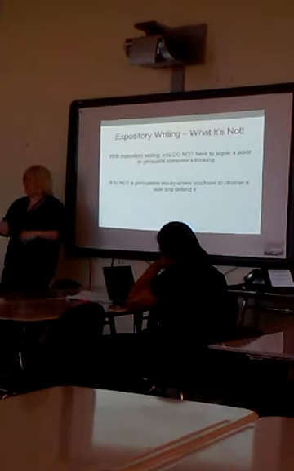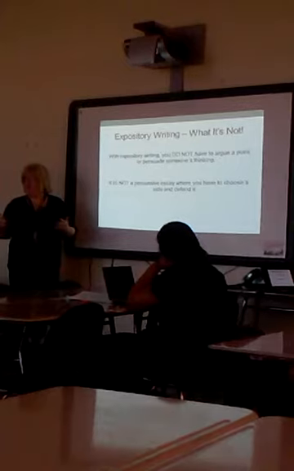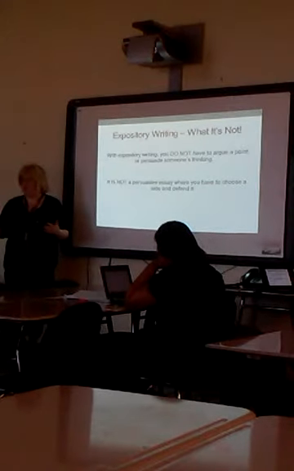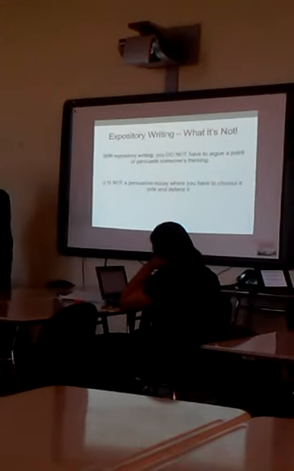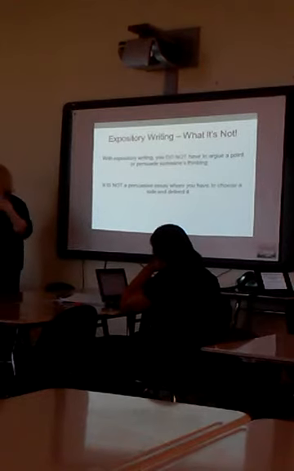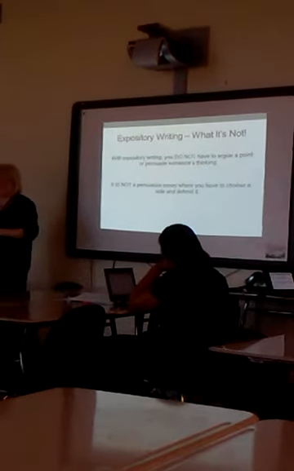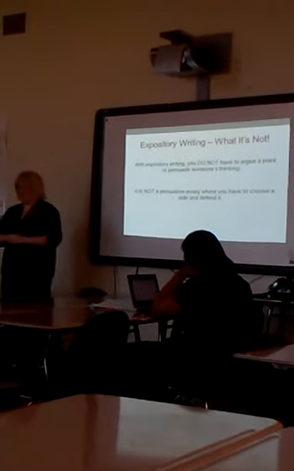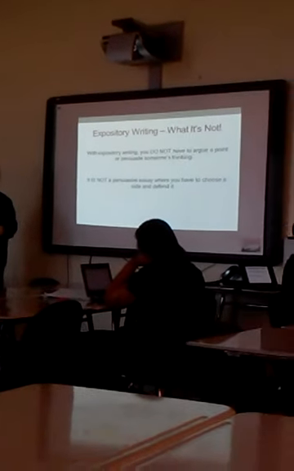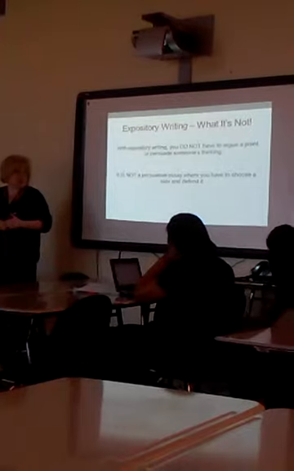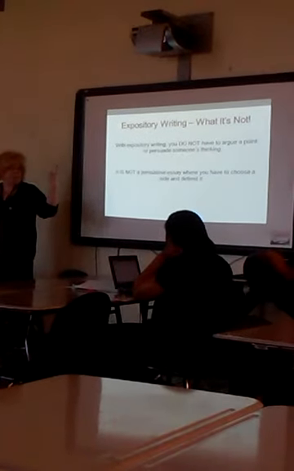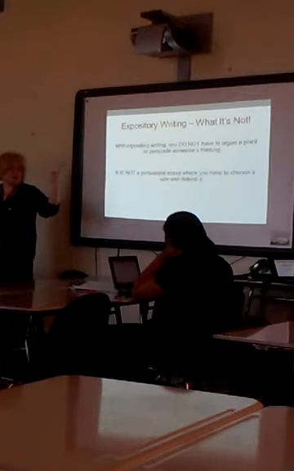So, for a persuasive paper, there are certain things that we need to make it a persuasive paper. There are certain components or elements. And I made you guys memorize these for the ACT. Do you remember what those elements or components are? What are the things that you need in your format in order to write a persuasive essay? Need an introduction. What's in the introduction along with just the introduction?